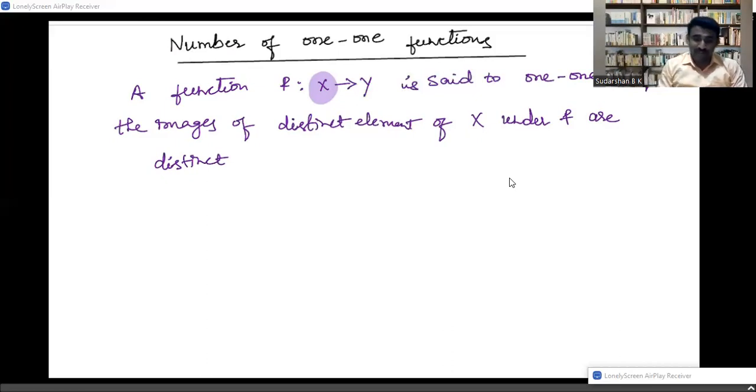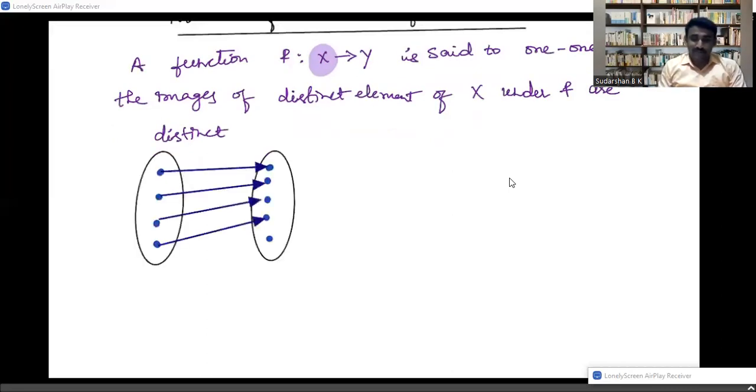So for example, let us say this is a set X and this is a set Y. We can observe each element has a distinct output, distinct images. So I can say this is a one-to-one function.